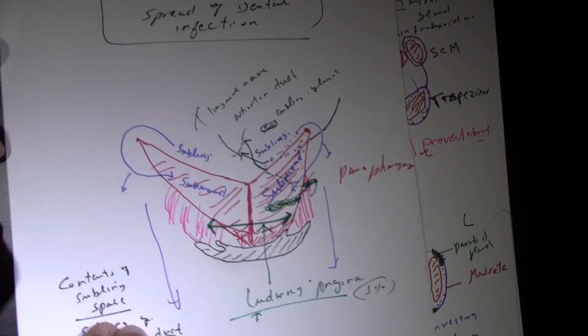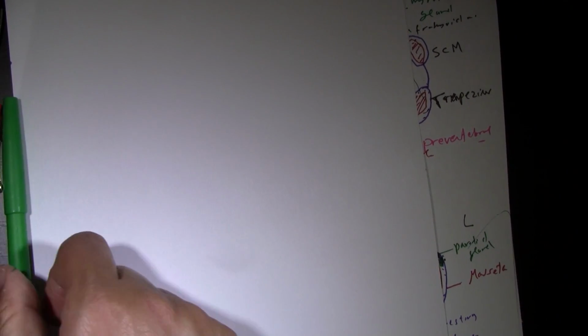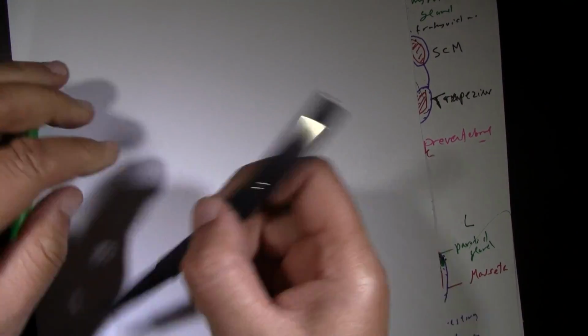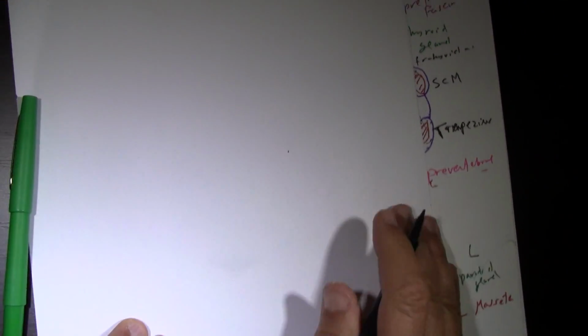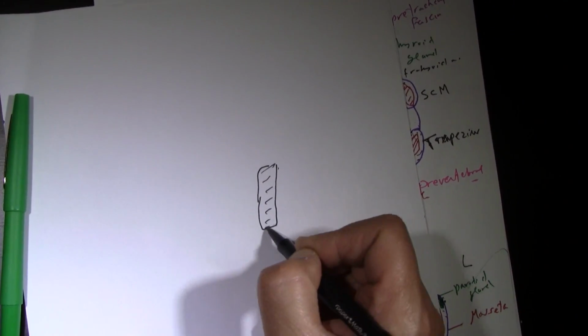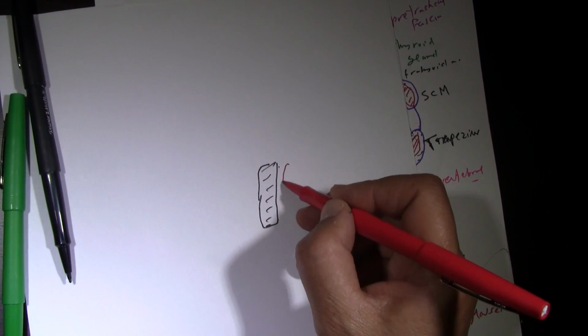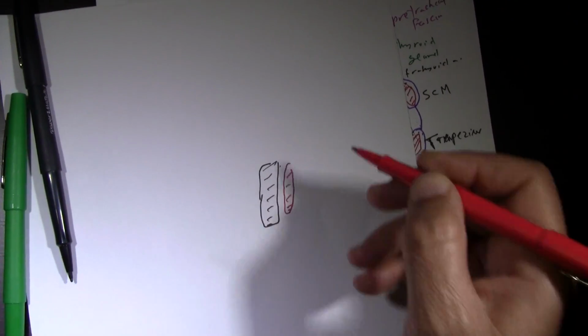Okay, I take you back to the masticatory space, and if you remember, we talked about the mandible. Here is the mandible. Which muscle is connected to the mandible from outside? This is masseter, okay?